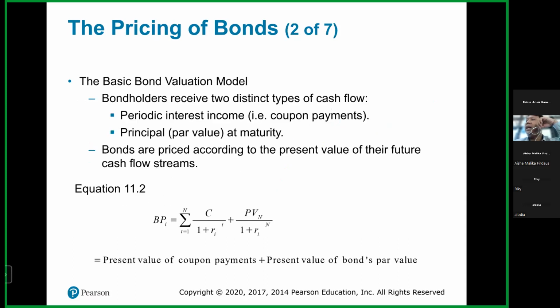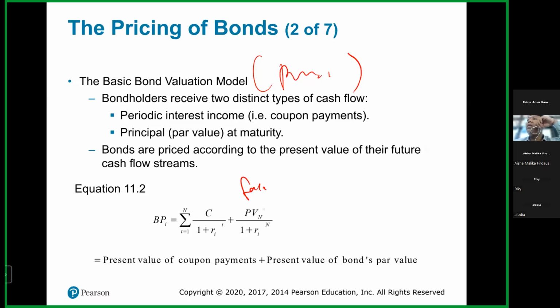So basically, the basic idea of bond valuation model or pricing is that we take the present value of all the cash flow that we will receive, and also we take the present value of the face value that we will receive at maturity.